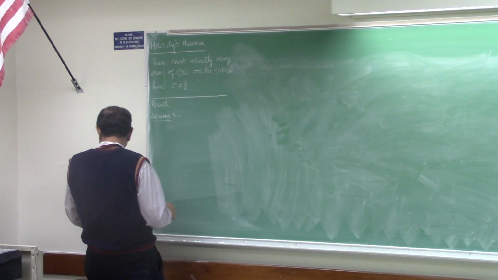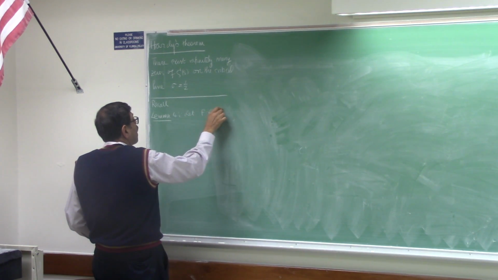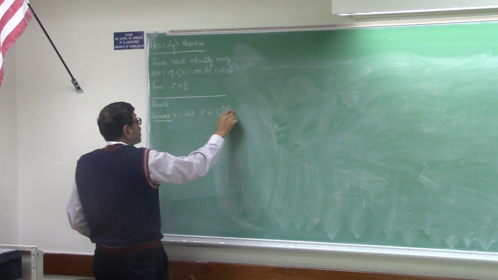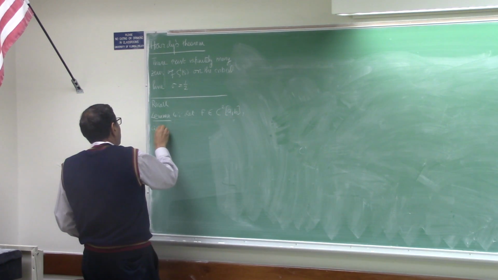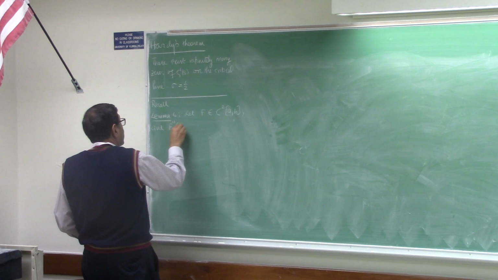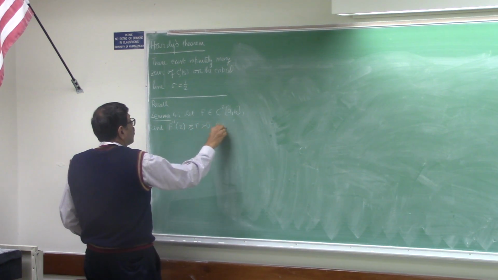4. That is, let f be C2 maybe. f double prime for all x.